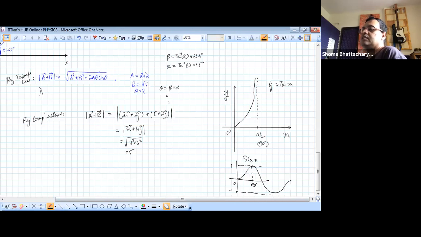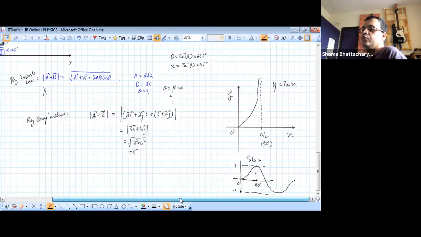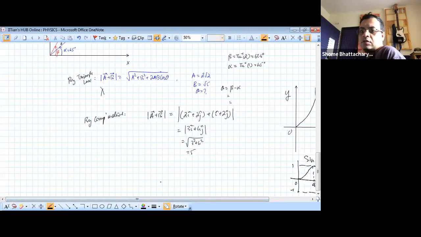This is your sin x graph. But your tan goes to infinity. That you know from the values. You know this from trigonometry, beta. Okay.